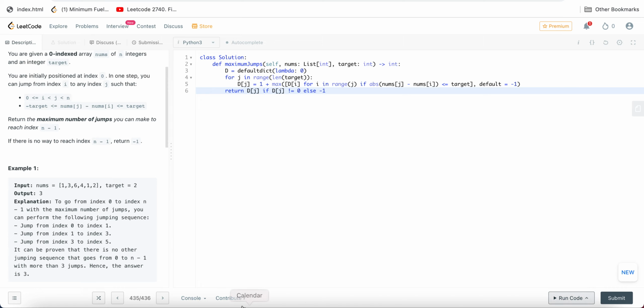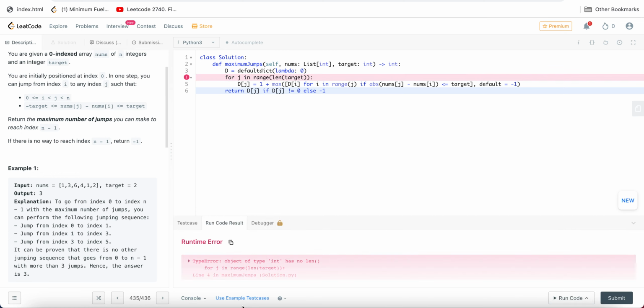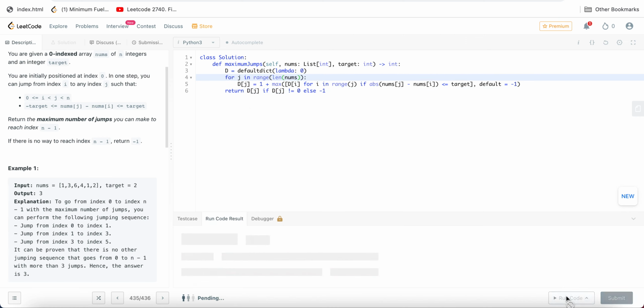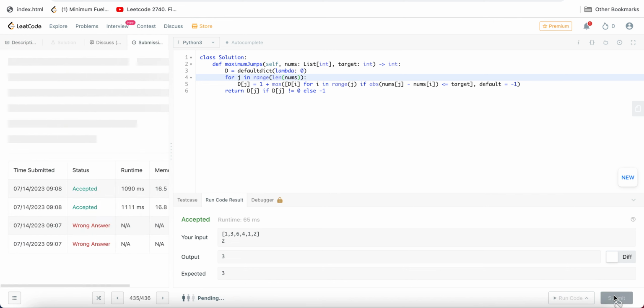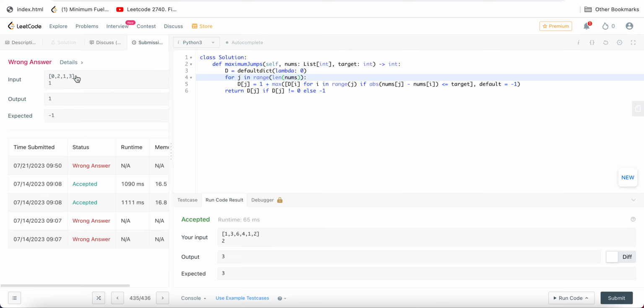So if it's 0 at the end, that means there was nothing that could get there. Why did I do length of target? Length of nums, right? We're going through all the nums. Okay, but you're going to notice that this could error out. I'm thinking about a scenario where there's only one node. All right, so this is wrong.